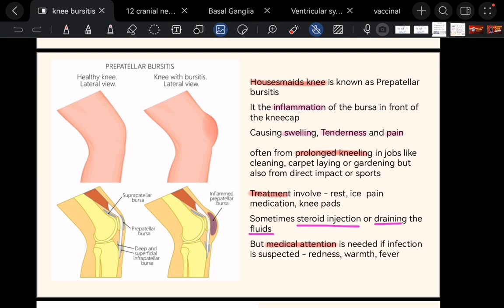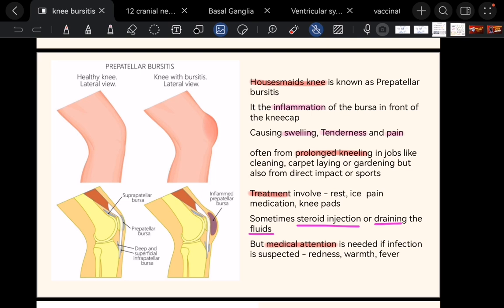Now, to help reduce inflammation of the bursitis, we can involve treatments such as RICE. RICE is rest, ice, compress, and elevate. You can also wear some knee pads and take medications as well. Sometimes steroid injections may be injected into the bursitis to help reduce the inflammation even more, or draining of fluids as well.